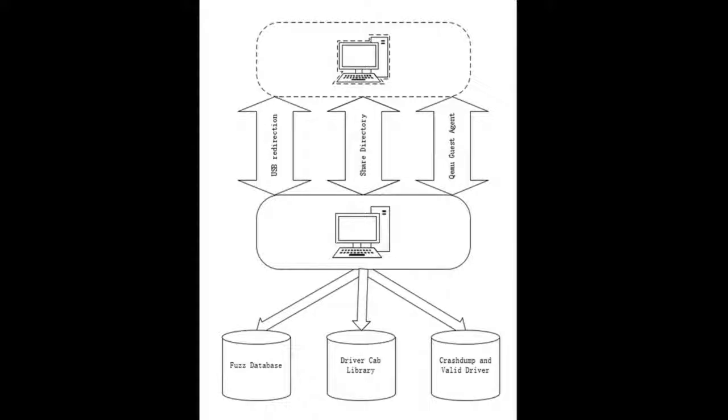Here, I used a shared directory to share a large amount of data. When a crash happens, after the reboot, we run a program to copy the crash dump and the test case into this shared directory, and then we get all the data, because the QEMU guest agent is not reliable.